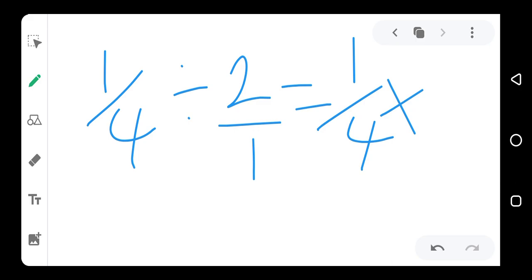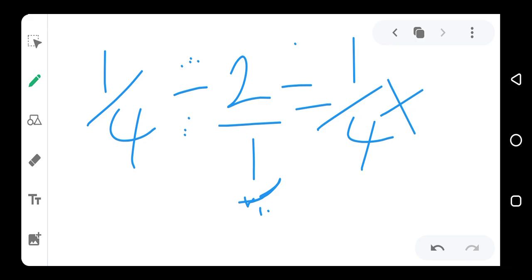Now if we have two fractions separated by division, we can convert this division to multiplication by inverting this value. That means take the one that is under up and bring the one that is up down.